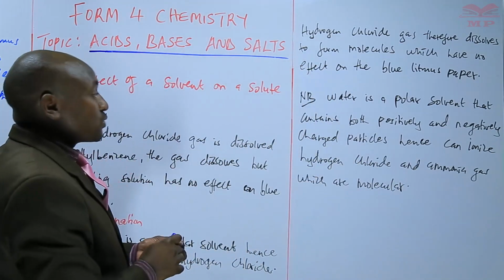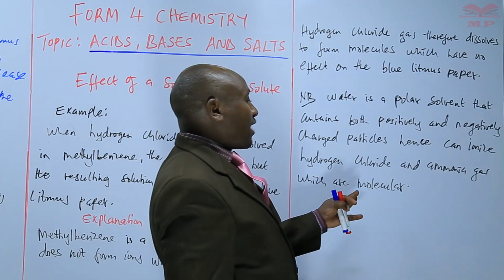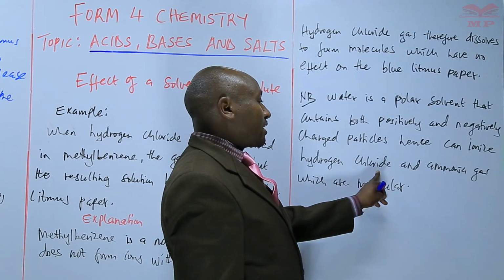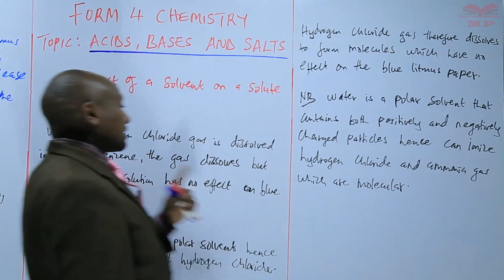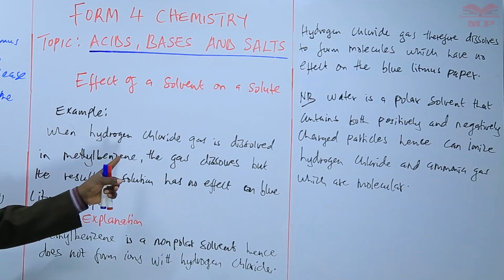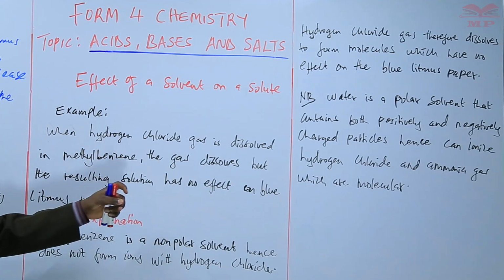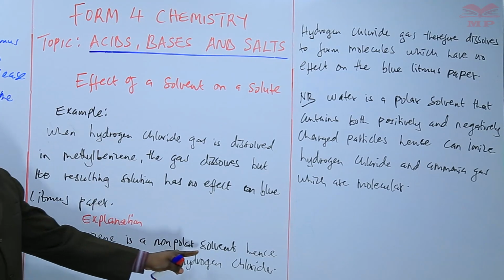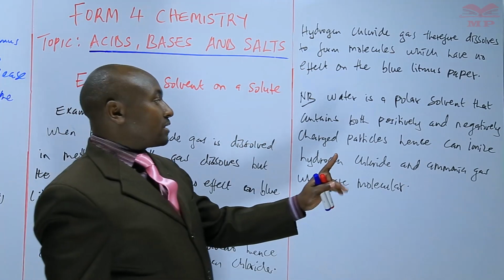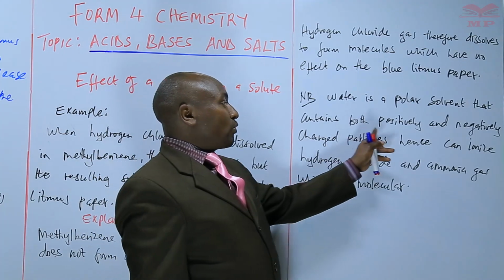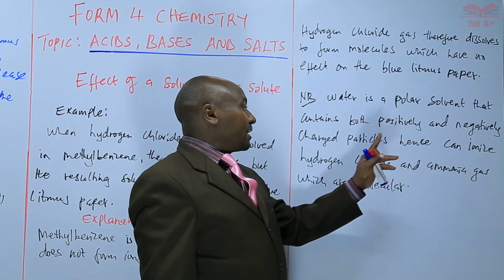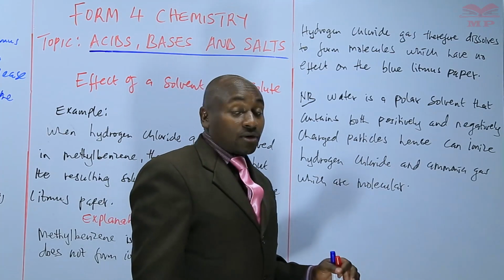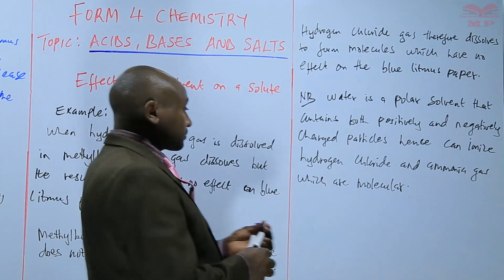So water can ionize substances that are molecular, such as hydrogen chloride and ammonia gas. But methyl benzene cannot, because it is non-polar. Methyl benzene is non-polar, but water is a polar solvent, meaning that it has both positively and negatively charged particles, hence can ionize hydrogen chloride and ammonia gas.